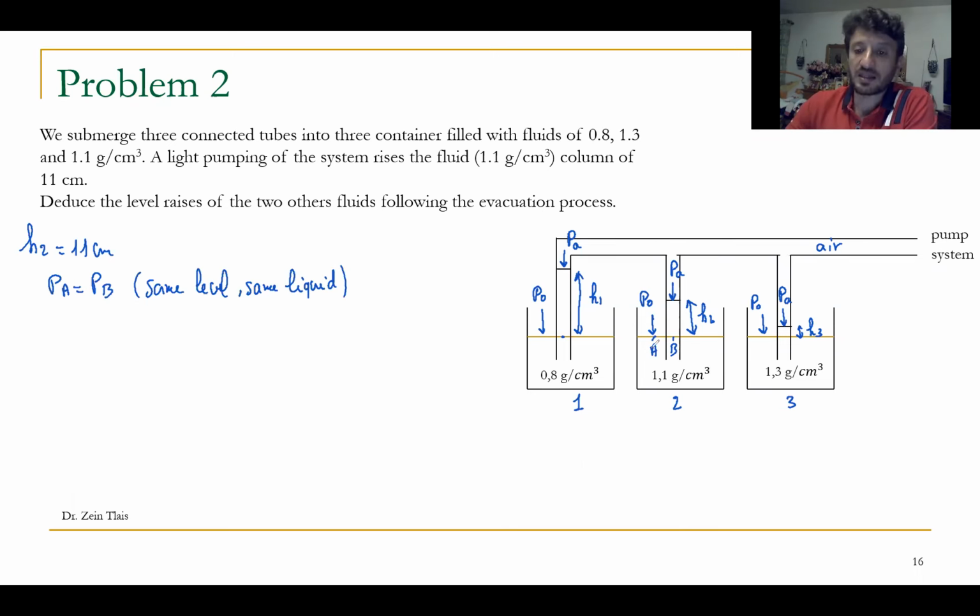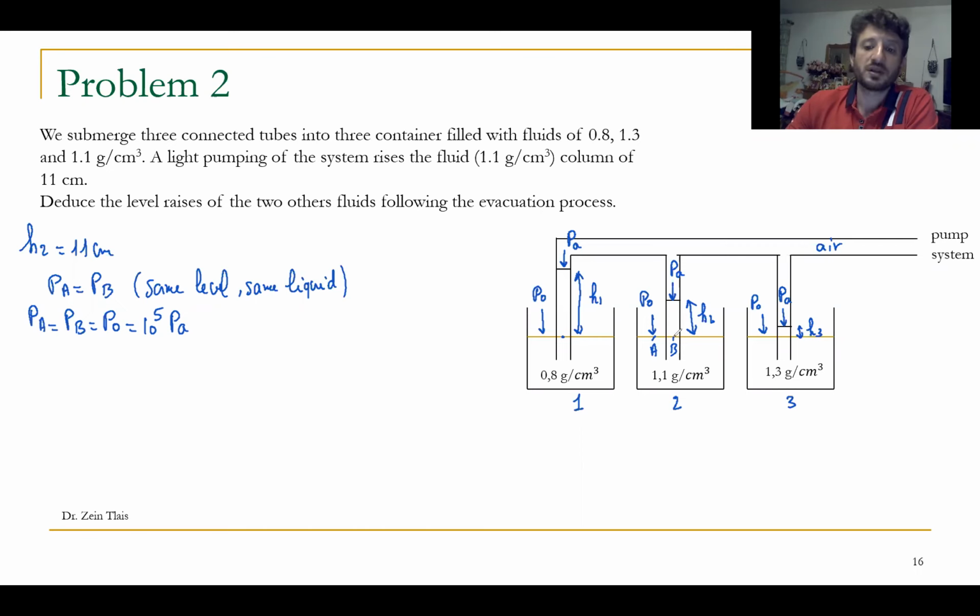And PA equals P0. So we can say PA equals PB equals P0 equals 10 power 5 Pascal. In general, if I don't ask you to calculate, you can use directly P0 equals 10 power 5 Pascal.